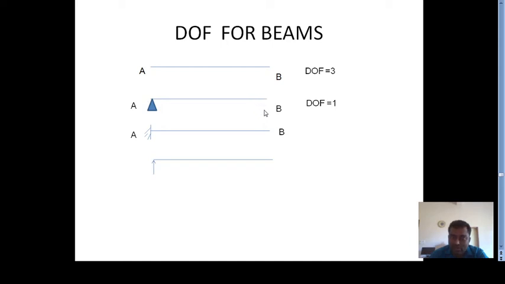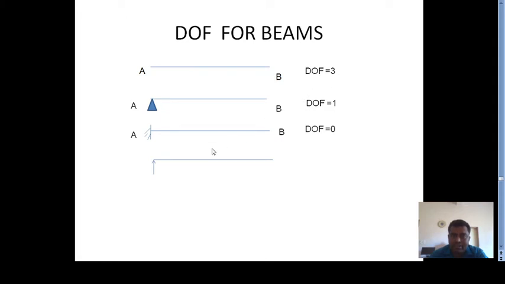Then at joint B, the degrees of freedom is normally 3: one horizontal, another vertical, then rotation MB. Similarly, in the next case, all of the vertical, horizontal and rotation at A are restricted, therefore the degrees of freedom will be 0 at support A. But at B, the degrees of freedom will be 3.